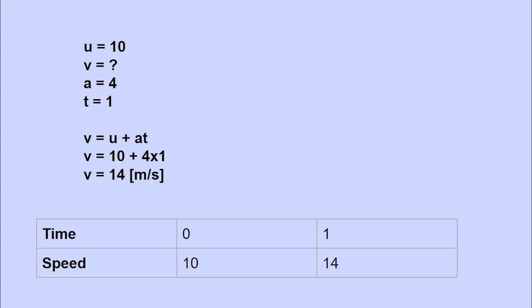We have a chart of this at the bottom. So at time 0, the speed equals 10, 10 being the initial velocity. At time 1, v equals 14, 14 being the final velocity.